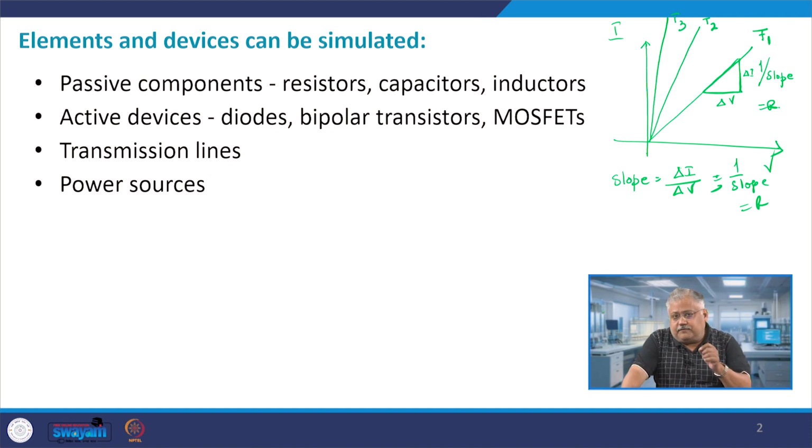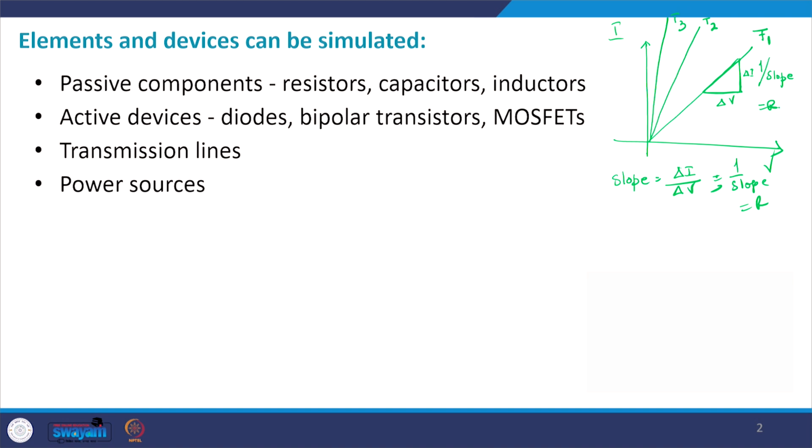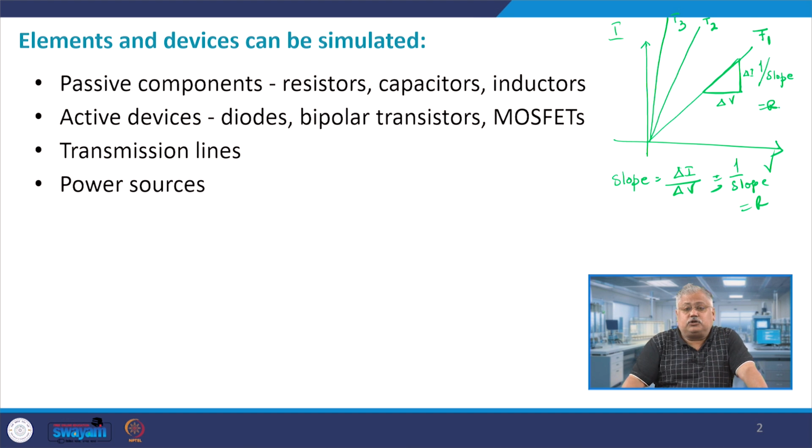So, though we generally say a resistor is always constant, yes it is constant for a fixed temperature, but as you vary the temperature the resistance will be a function of temperature. How much it varies will depend upon the type of resistance you take and the conditions you have. Similarly, you will have capacitors and inductors.